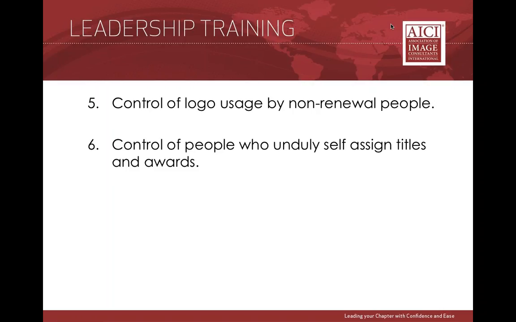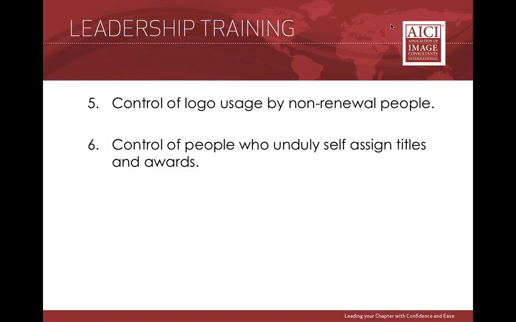Also, there is other information that we have to control. We have realized that besides using the logo inappropriately, they are using a kind of certification. They are promoting like they had a certification, just a CIC or CIP or CIM, and they don't have it.